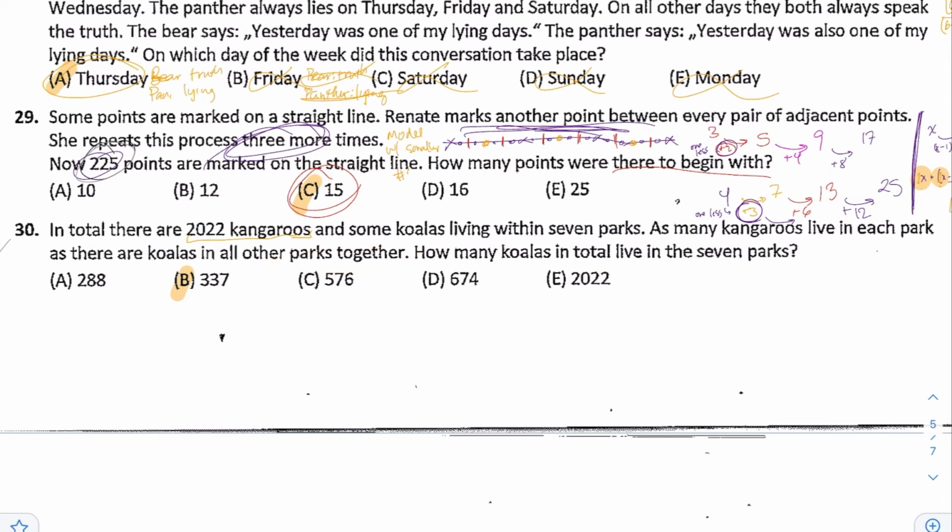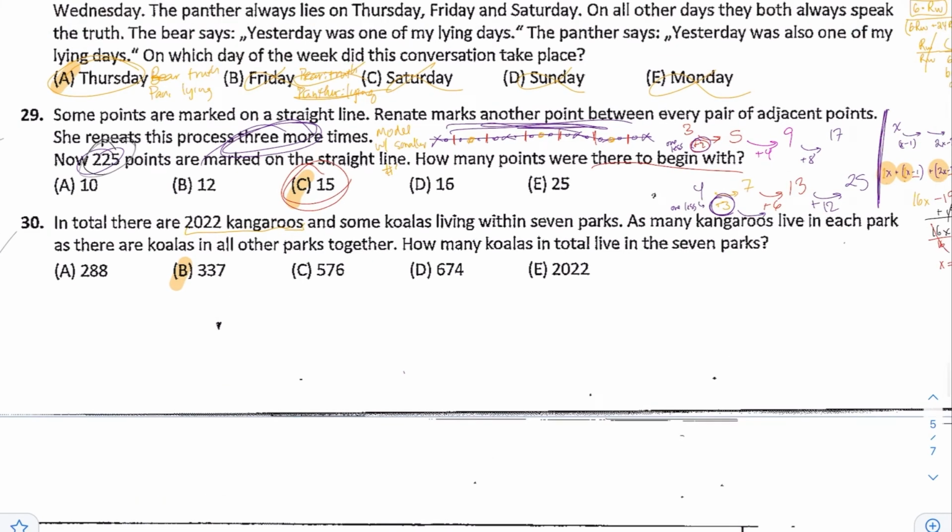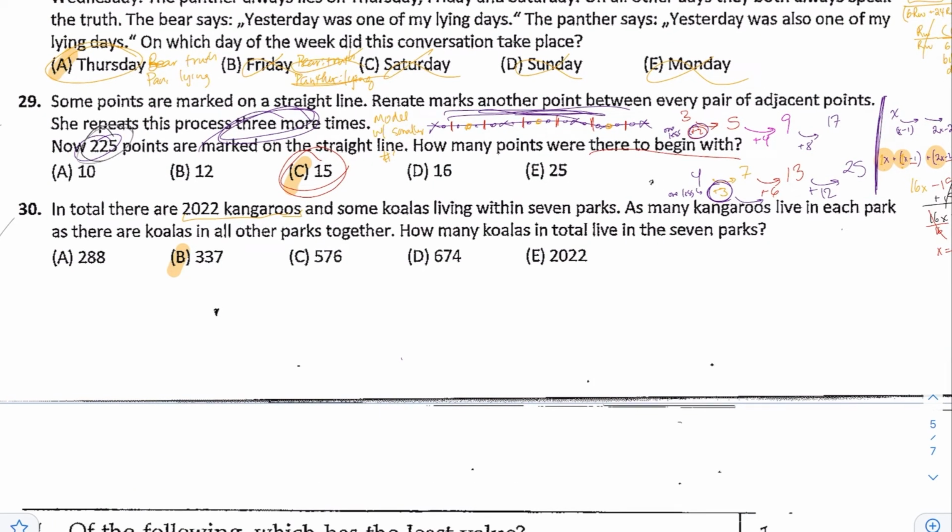So you can call the koalas K. So that in total, in each park, you'll have K koalas. And for kangaroos, I'll just call them roos because they also start with K. You'll also have some kangaroos.